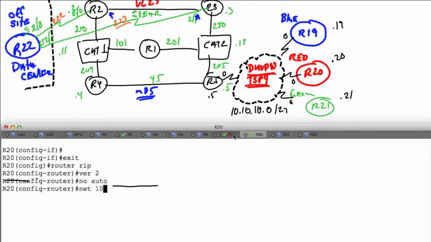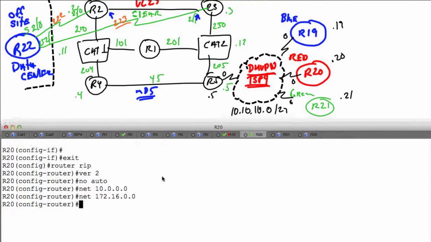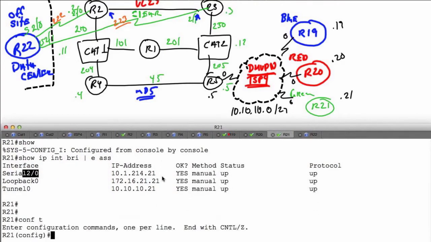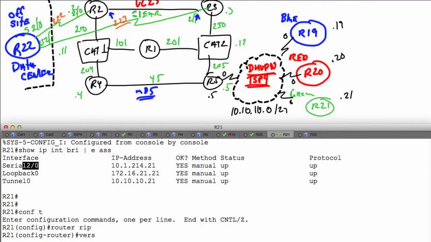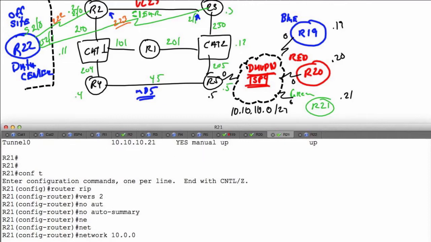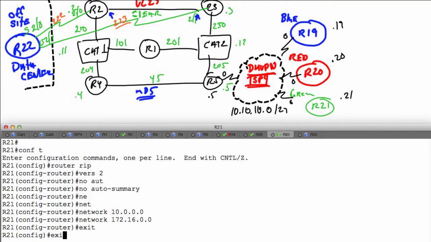Network 10.0.0.0 and network 172.16.0.0. And lastly, let's do R21. Config T, router RIP, version 2, no auto-summary, network 10.0.0.0 and network 172.16.0.0.